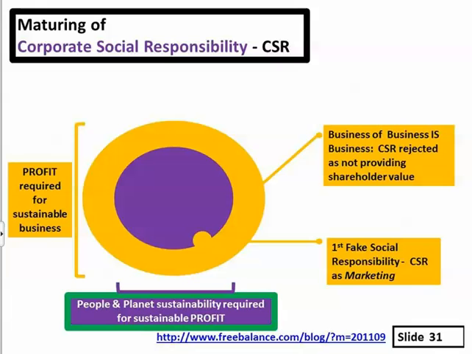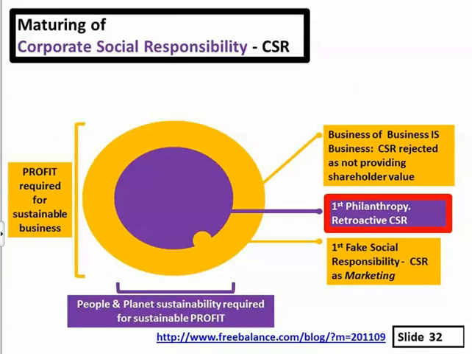And once a business recognizes that, they move up a notch, if you will, in progression toward a more mature corporate social responsibility. In this case, they would generate profit, and finally, in a retroactive way, they would take some of that profit and they would spend it on socially responsible areas.